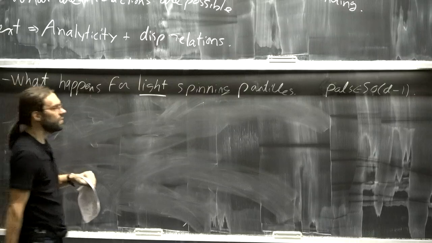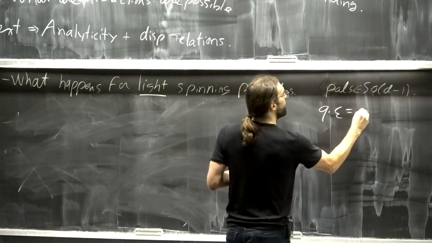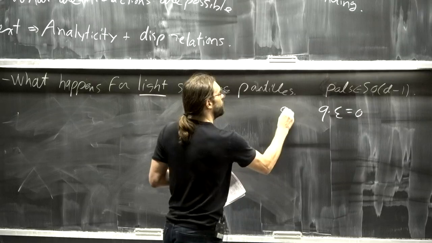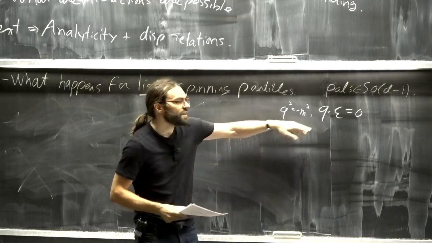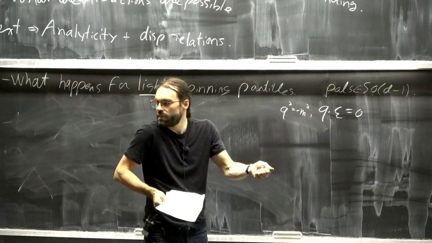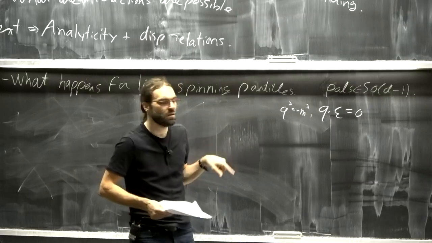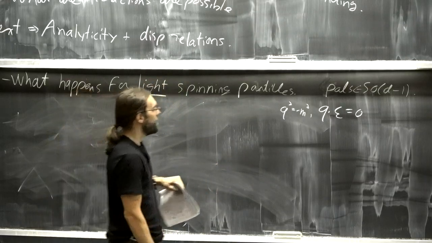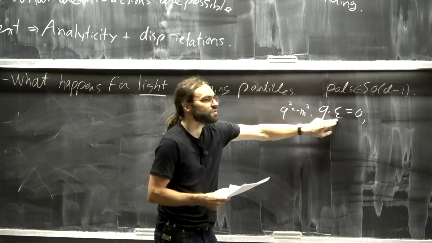And you can think of it in the following way. Now the polarization satisfies a constraint, and q squared is minus m squared. So basically, the time component of the polarization disappears. The polarization of a massive particle in its rest frame is just a spatial vector. But you have a constraint on the polarization.